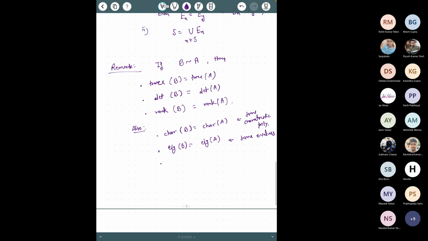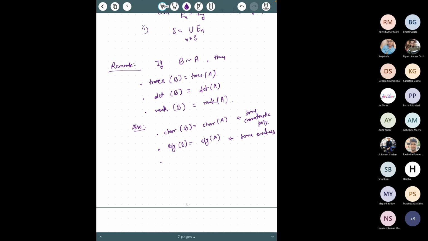We will introduce these things in today's lecture, hopefully. And let's say they have the same minimal polynomial also. So for the timing, just assume that these terms are there.